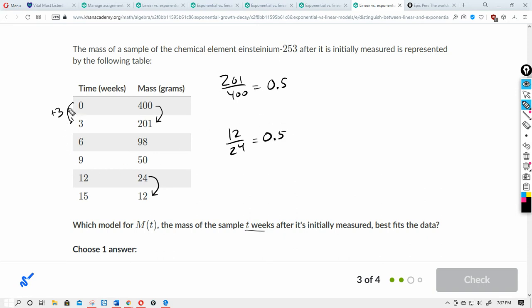Now, remember what I said before. This goes up by 3 each time. So that's going to be your root of this. Okay, so we're going to take the third root of 0.5. So on the calculator, just put 0.5 to the power of 1/3.